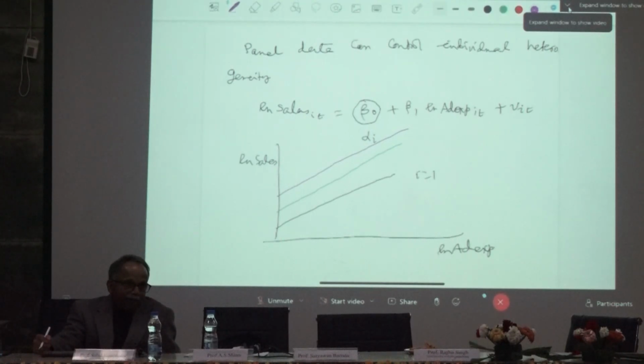So the question is, can we control for those types of things, unobserved smartness, or unobserved ability, or unobserved management? So long as you assume that it is not varying over time. So if you're smart, you just stay smart for the whole time period.